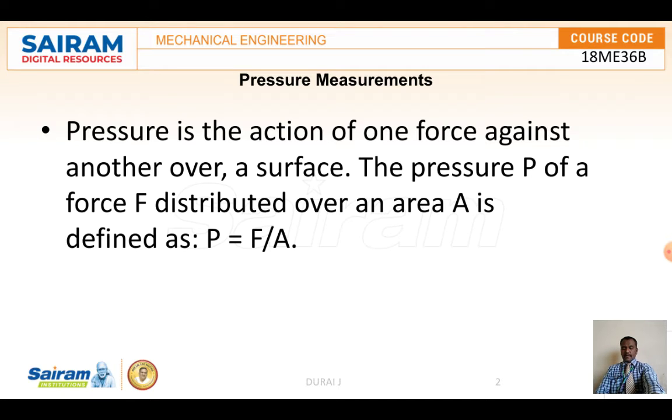High pressure can be conveniently expressed in terms of kilonewton per meter square, and pressure is the action of one force on another force. That is the definition for pressure. And this can be measured with the help of the bar also.